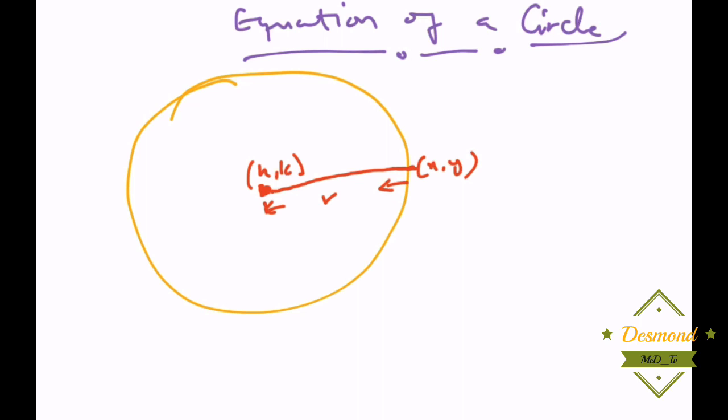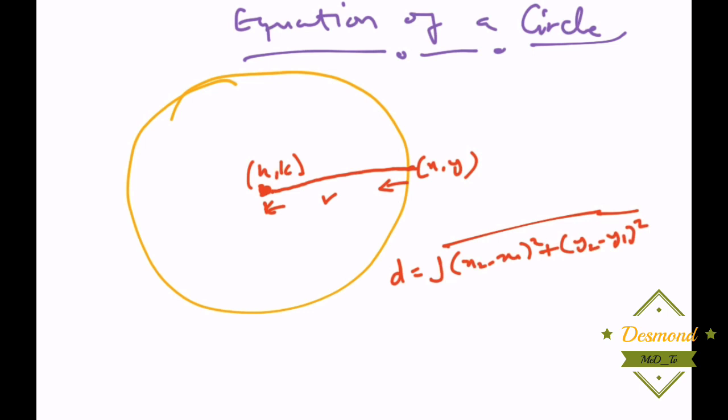That's the radius. This brings us to the distance formula, where D is equal to the square root of x2 minus x1 all squared plus y2 minus y1 all squared.